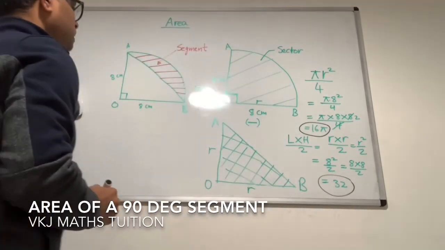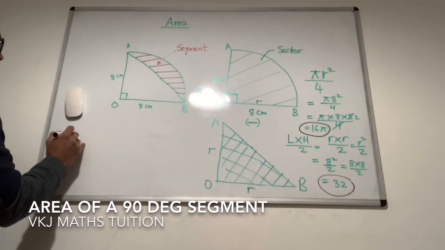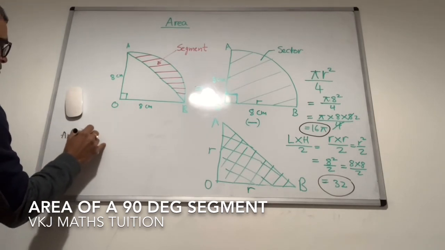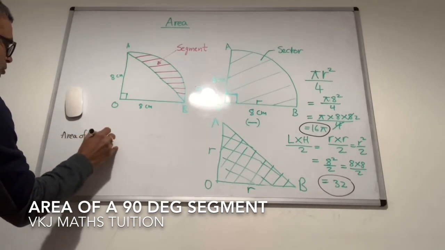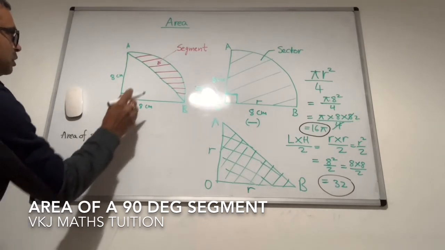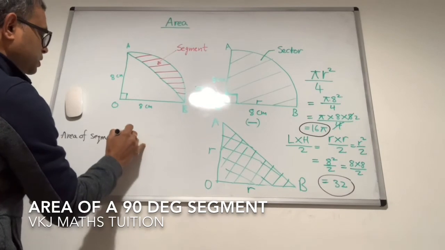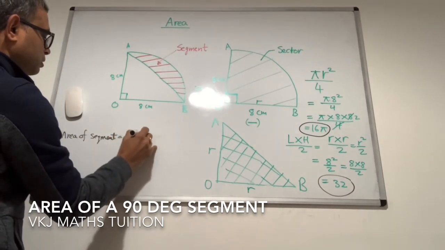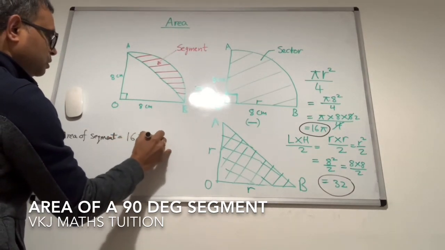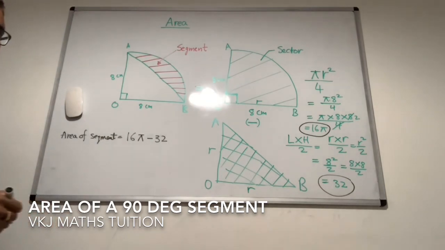And finally, the area of that segment would be equal to the area of the sector, which is 16 pi, minus 32. Do you agree? Yeah.